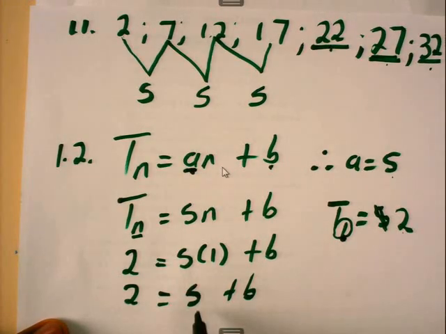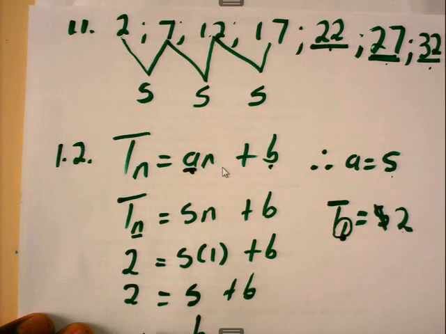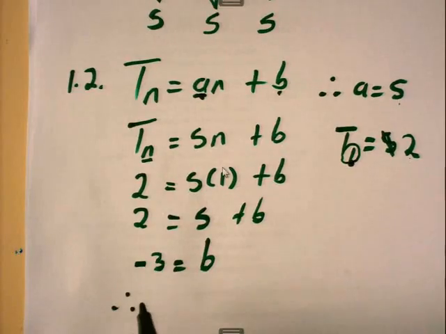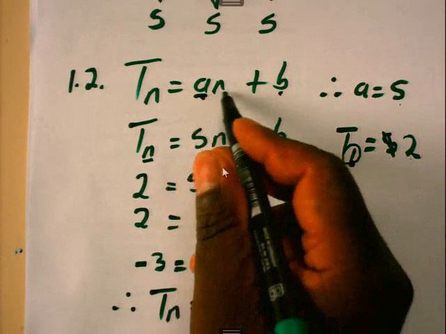Transpose 5 to the left, and you'll be left with b on the right hand side. On the left hand side it will be 2 minus 5, which will give you negative 3. There is our negative 3. Then we conclude, therefore, the nth term will be equal to an plus b.